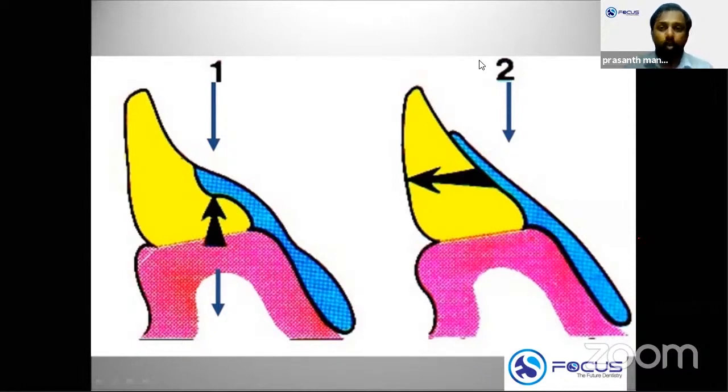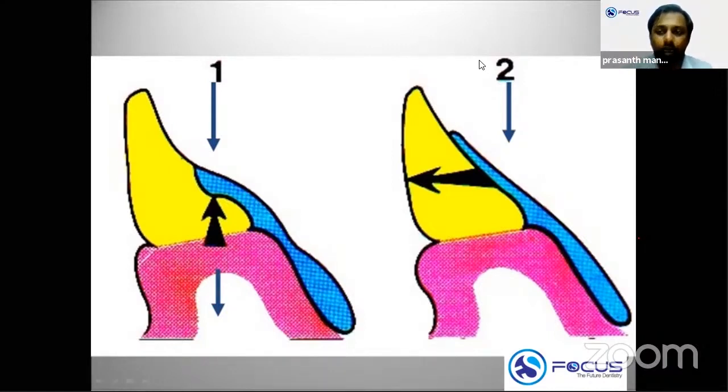See what happens. Picture 1 and picture 2 give the comparison. The first is with a rest seat preparation, and the second without rest seat preparation. See, when you have a rest seat preparation, you can guide the forces along the long axis of the tooth. Whereas without a rest seat, definitely it will have a lateral force rather than an axial force. The rest will exert a lateral force to the supporting tissues and also to the tooth.